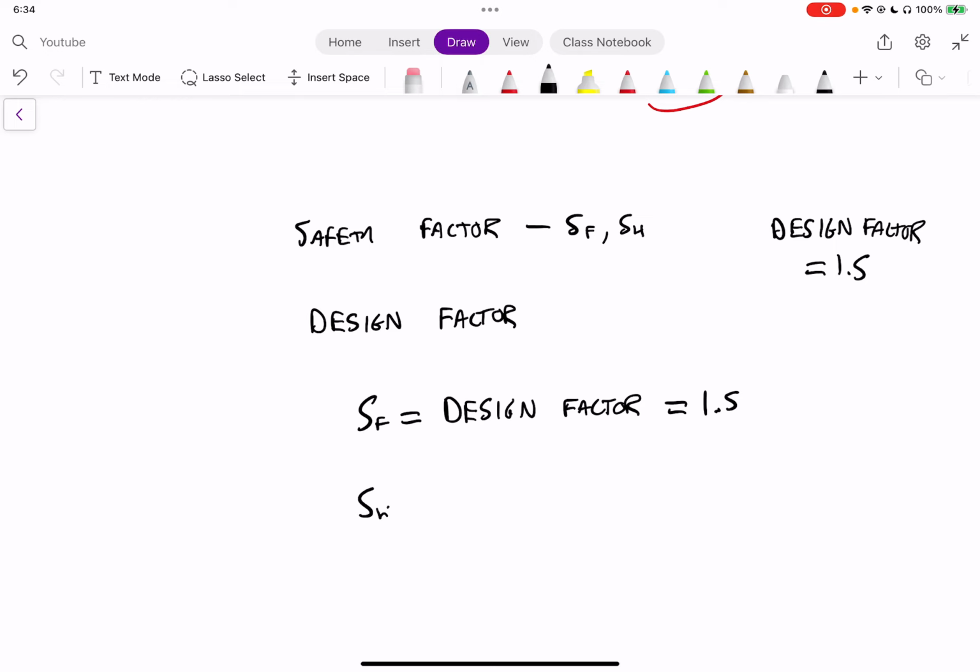And then SH would be equal to the square root of the design factor. So if I'm looking for a safety factor in contact, when we use design factor, the contact would actually be the square root of 1.5. Okay, so it would be a little bit lower than 1.5, essentially, the requirement that we have.